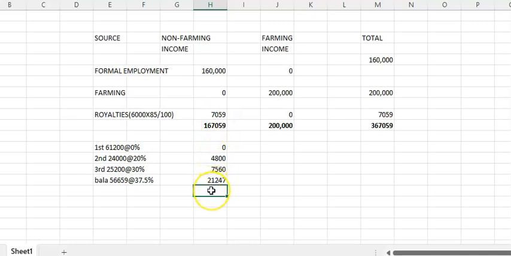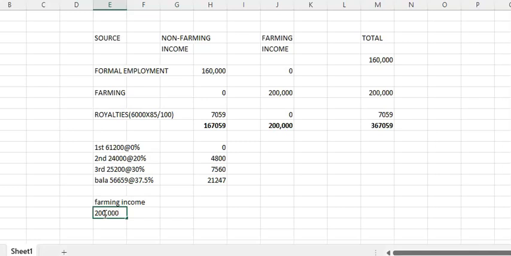Before we add, we shouldn't forget also to apply the relevant tax rate here on the 200 from farming income. How much was farming income? It was 200,000. What is the rate?